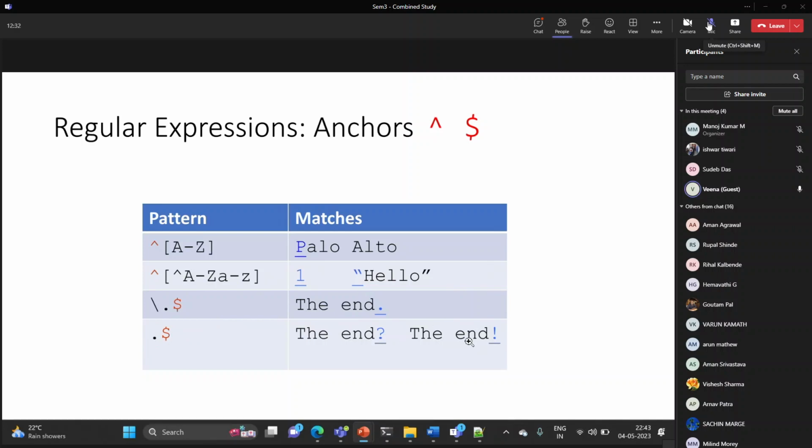But the caret outside the square bracket stands for beginning. Any changes to the first character, if we need to do, we can use this. And if we want to do any changes to the last character, we can use dollar.